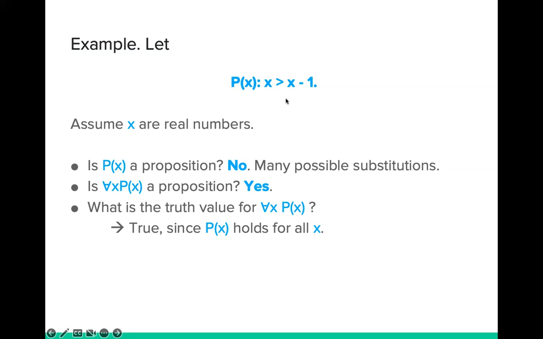Then 0 is also greater than negative 1. What if x is a positive integer like 1? Then 1 is also greater than 0. So we can say that for all x, P of x is true, since regardless of the value of x, the statement x is greater than x minus 1 will be true.